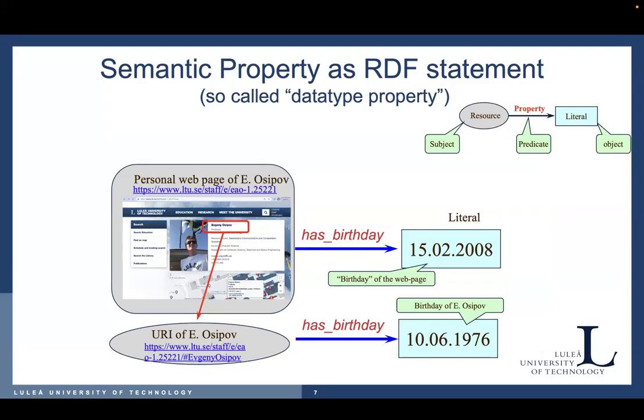In a similar fashion, we may populate this description with different properties. Again, this is an example of characterizing this digital resource with the property birthday, so the time of instantiation of this web page.